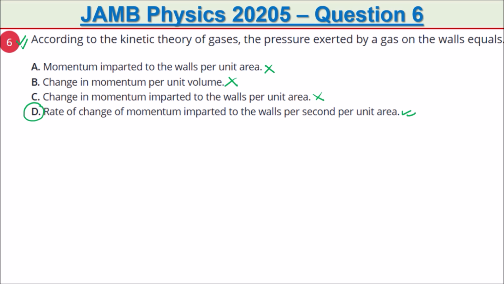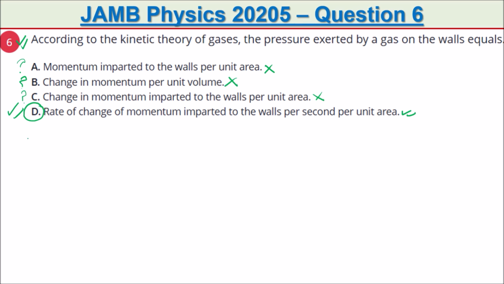Remember, my main objective is not to give you the correct answer, but to dissect the question with you so that you understand the dynamics behind the question and what the examiner expects of you when they are setting up a question. Why are we saying the answer is D and not A, not B, and not C?